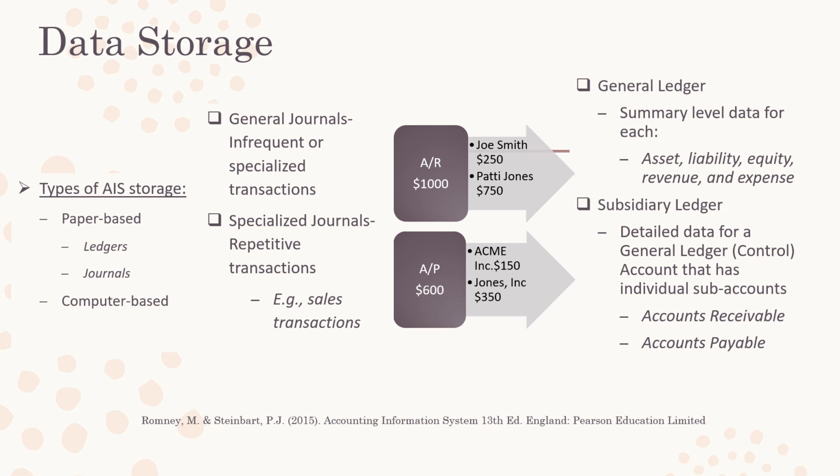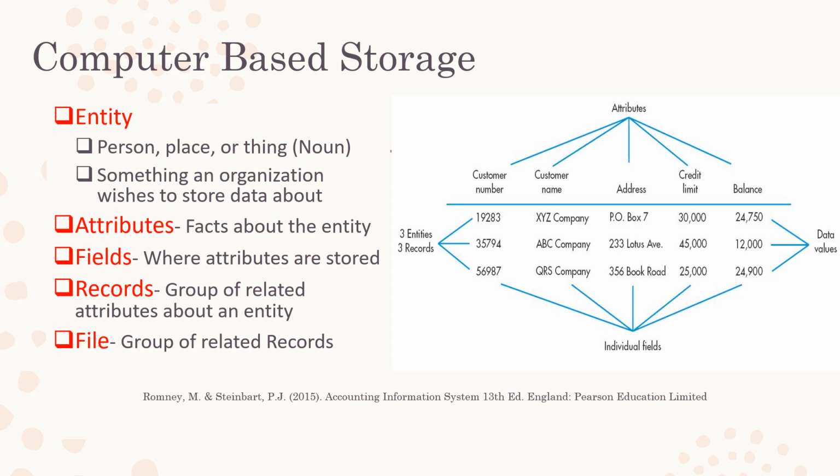Accountants need to understand how these data are organized and stored in AIS and how they can be accessed. So they need to know how to manage the data for maximum corporate use. So for the paper-based data and computer-based storage, we need to identify the terminologies. We need to understand these terminologies.